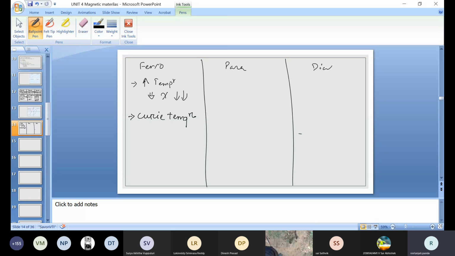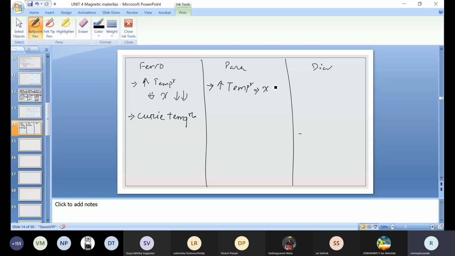But in case of paramagnetic material, as I told you, the psi value is going to decrease, but in a complex manner for ferromagnetic material. In case of your paramagnetic material, we will see the same thing, but the relationship is quite simple, that is, they are inversely proportional. If we increase the temperature, psi value will start to decrease.